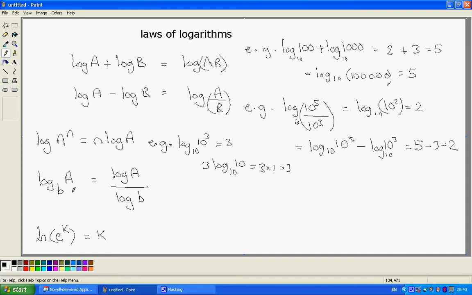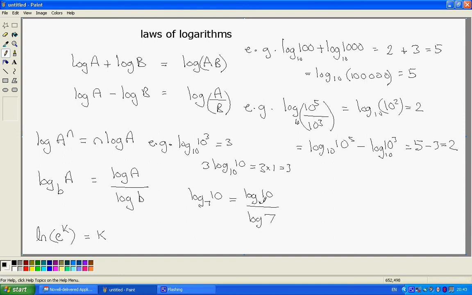Next we have a rule for change of base. So if we have, for example, log base 7 of 10, the way we'd work that out is to take log, the same base top and bottom, of 10 upon log of the original base, 7.